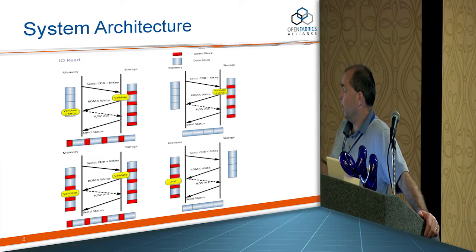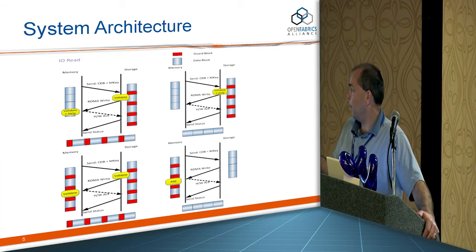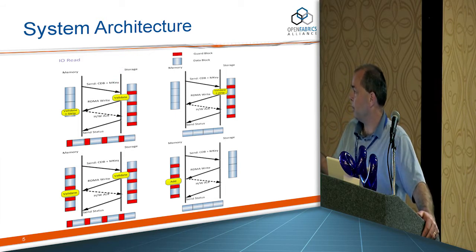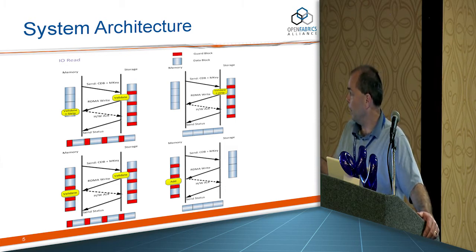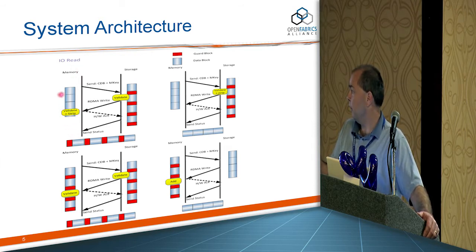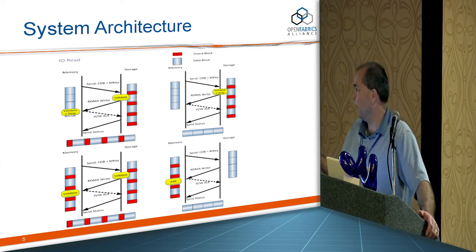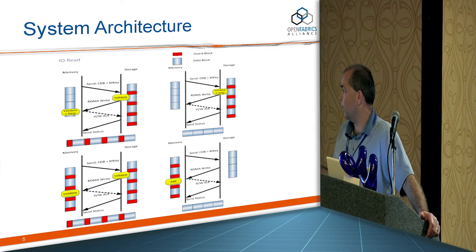And what's done at the transfer point is the data is validated. That is, as the data is being sent, the guard block is checked to make sure it matches what's on storage. And then when the data arrives at the other end, after the data is validated, before it's delivered to memory, it's stripped and delivered to memory as contiguous data blocks, without the data protection.